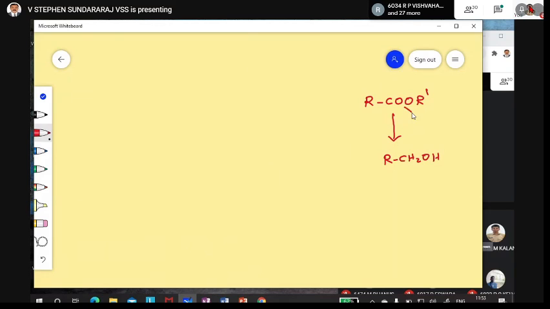First, you will convert the carboxylic acid into ester, and the ester can be converted into this by a simple reagent, the hydrogen and palladium combination. So now RCOCl is there. If we ask you to convert it into alcohol, what will you do? Of course, you will have a very simple method, but still you can come to your idea. What is that? Pyridine.